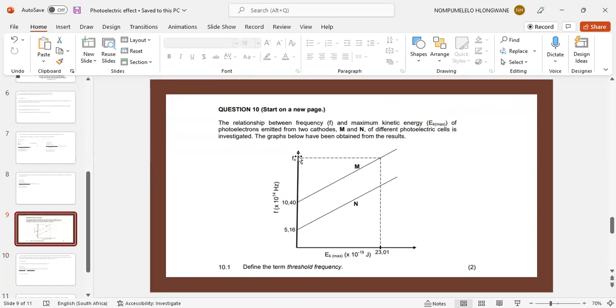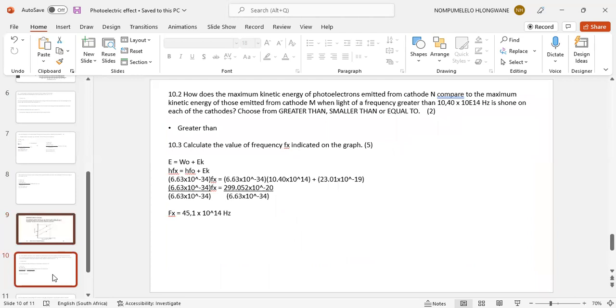So what we need to do is just use our formula. Energy of light is equal to the work function plus the kinetic energy of ejected electrons. We substitute E with hfx, the energy of light.